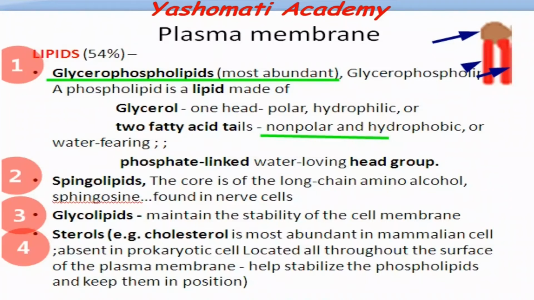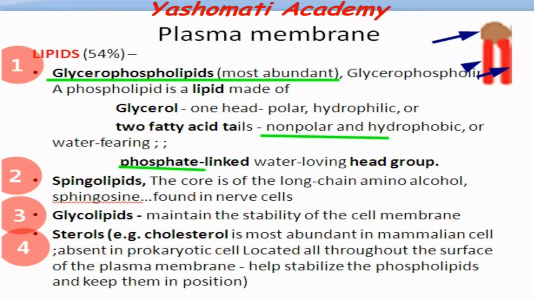You will find this molecule forming a bilayer. Attached to the glycerol, there may be a phosphate group, which is why it is called the glycerophospholipid.